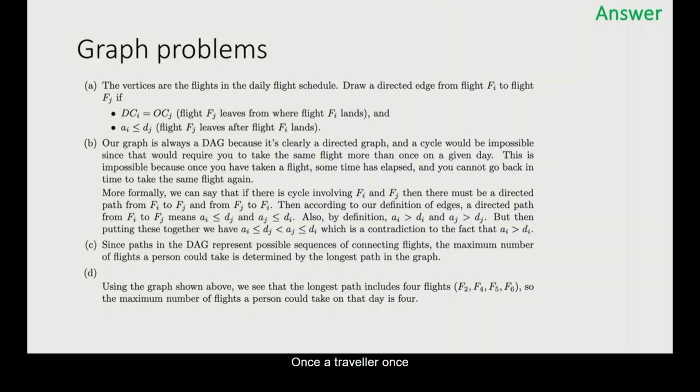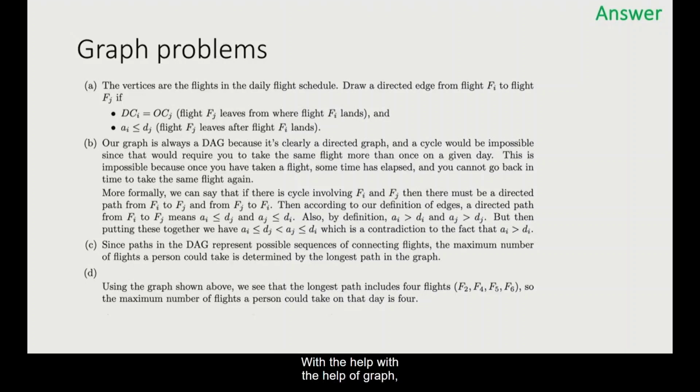Once a traveler reaches from destination A to destination B, his final destination, it means how many maximum flights he can take will depend on the path possible to reach his destination location from his origin location.